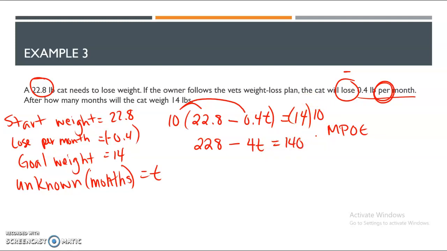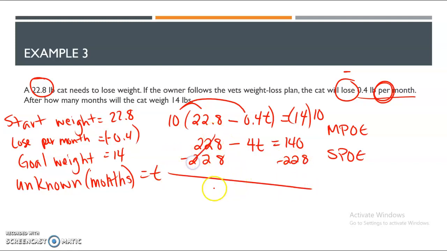Now, basically we have the same numbers. I just made it to where I don't have to work with decimals, which sometimes if you're working without a calculator, that makes it easier. From here, we're going to do our subtraction property of equality, and we're going to subtract 228 from both sides. And so that will give me a negative 4t equals a negative, because the 228 is bigger, negative 88.